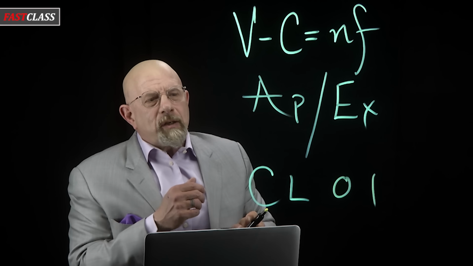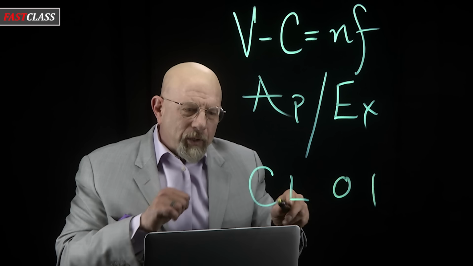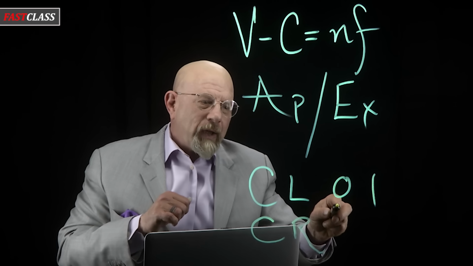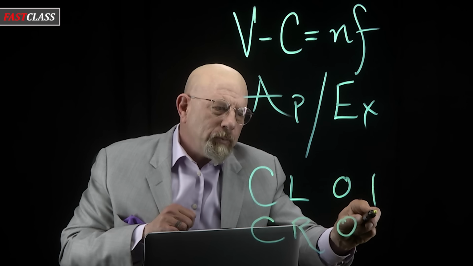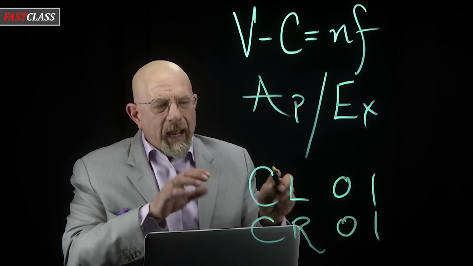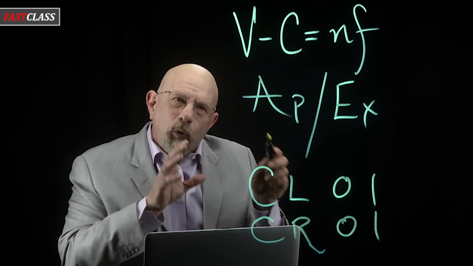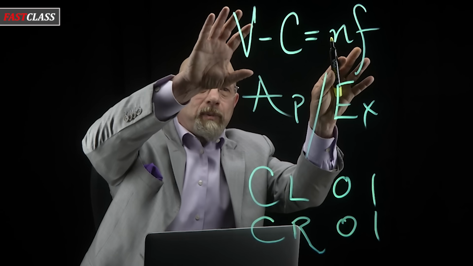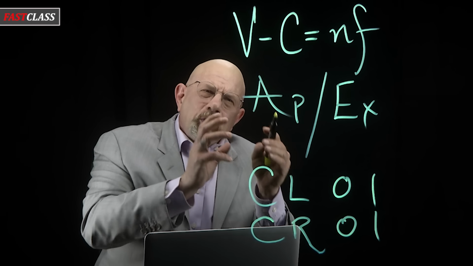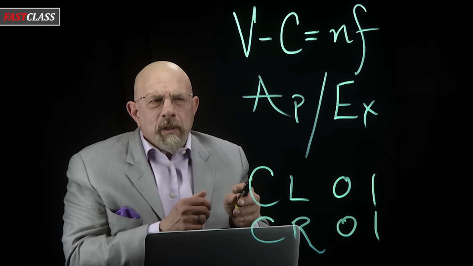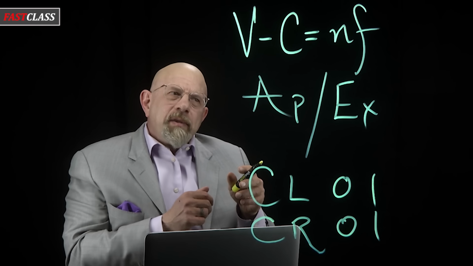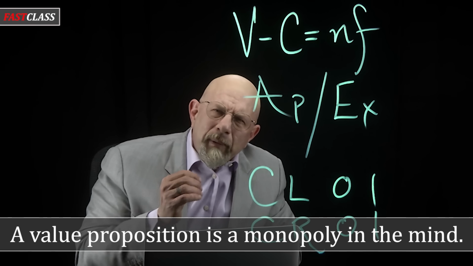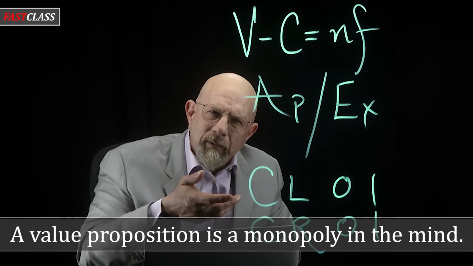Now, let's imagine for a second that credibility works the same way. So credibility is that I believe what you're saying. If I don't believe, that's a 0. If I do believe, that's a 1. Now, we have our equation set up, our heuristic set up, and you can see it working. We're trying to get our value prop working properly. We've filled an offer with high appeal. Let's call it a 9. And then there are 2 other places to get it just like us. Remember, a value proposition is a monopoly in the mind.